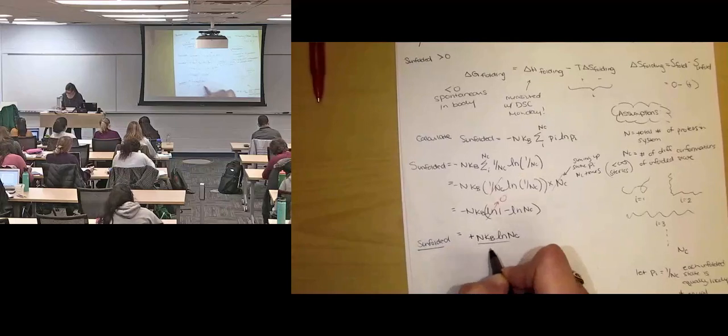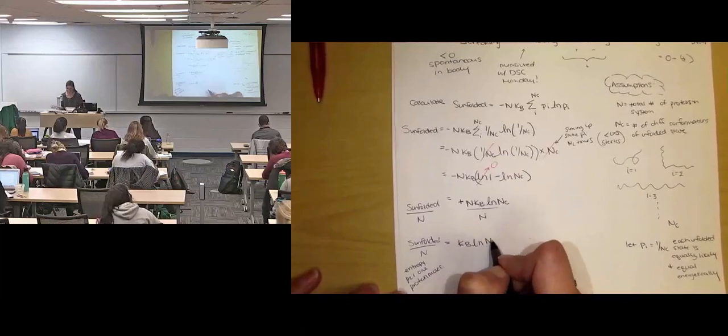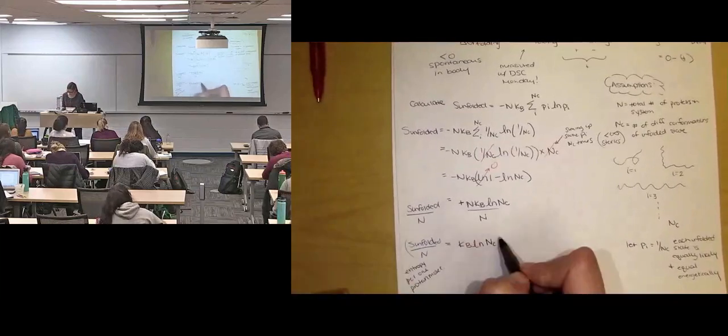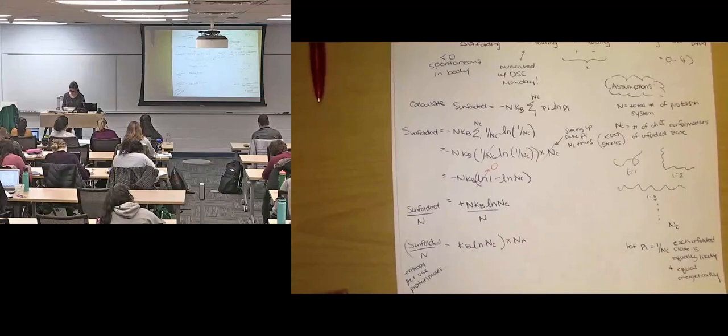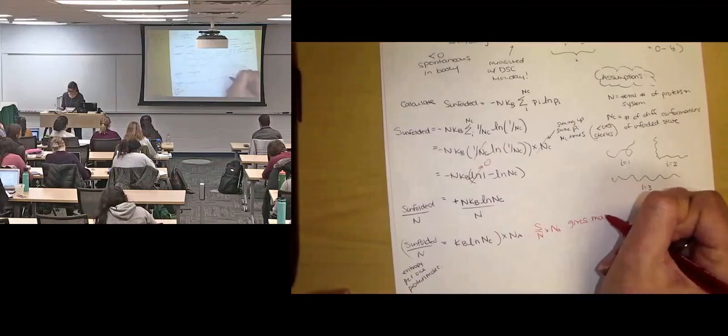If I divide both sides by the number of proteins that I have, what I'm basically telling you is the entropy of the unfolded state divided by N is the entropy per one protein molecule. Okay? It would be equal to Boltzmann's constant times the natural log of the number of different ways I can be unfolded. If I multiply this whole thing by Avogadro's number, S sub N times Avogadro's number is going to give me molar entropy.